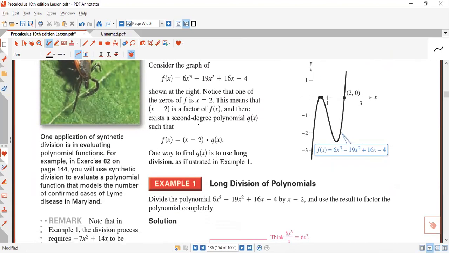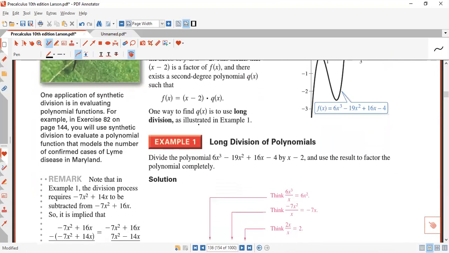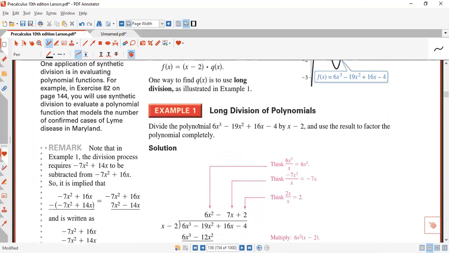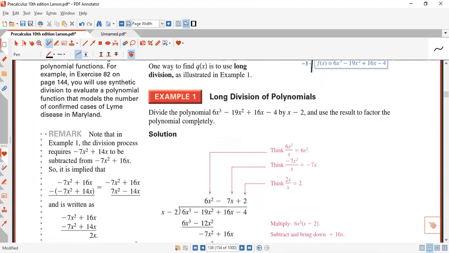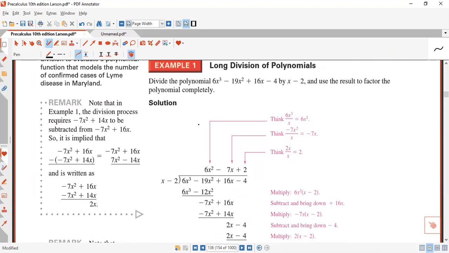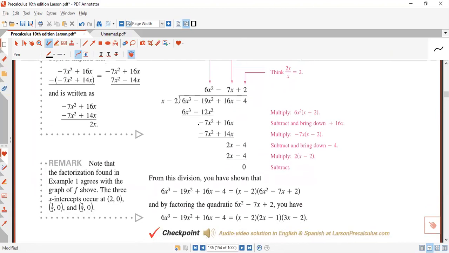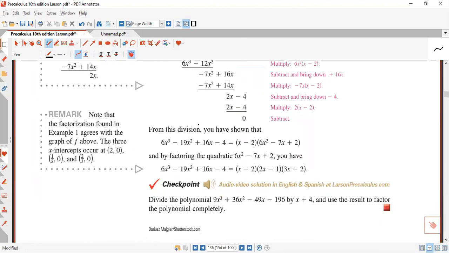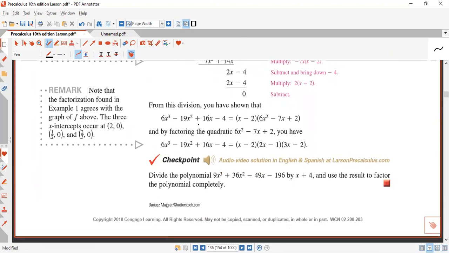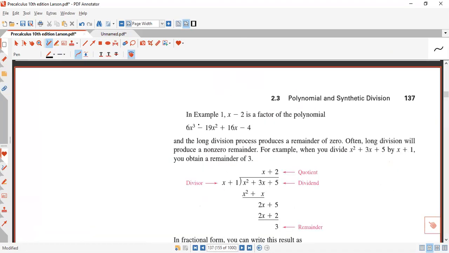Okay, so in division we have two to three terminologies. You must know what is divisor, what is dividend, and what is remainder.